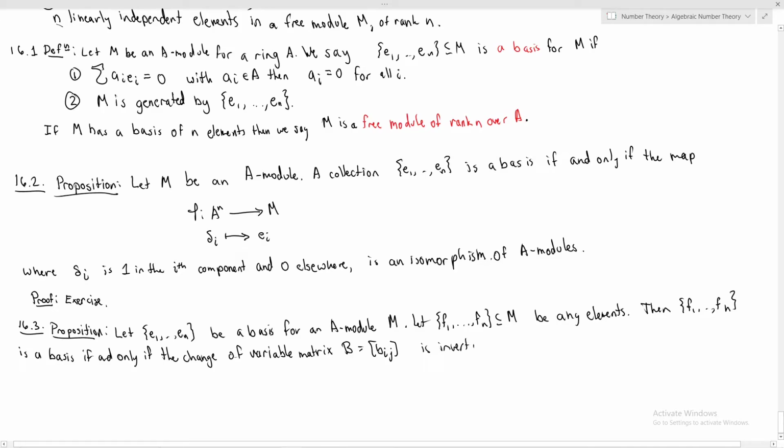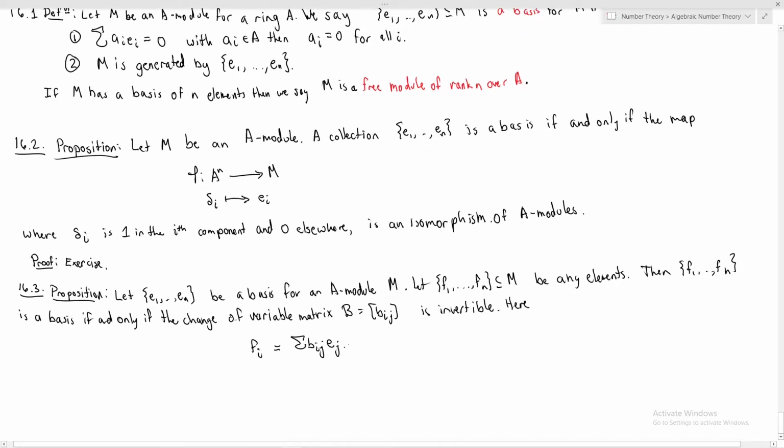Now, what is the change of variable matrix, you ask? Well, here f_i is the sum over j of b_ij e_j. So essentially, it's the matrix where if you multiply by each e_i, you get the f_i.